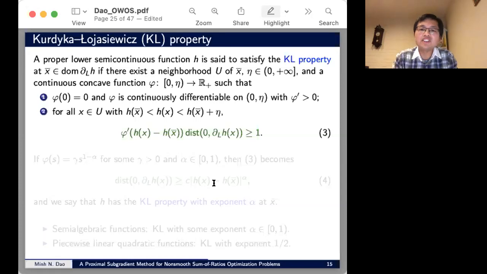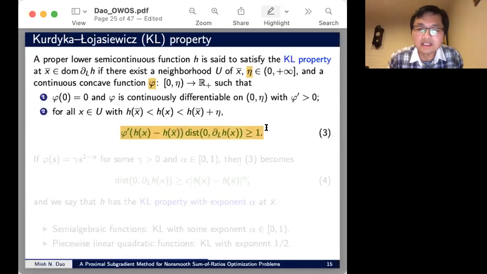A function h is said to satisfy the KL property if there is a neighborhood U of x bar, a constant eta, and a continuous concave function phi, such that this condition holds, and also this important inequality holds. It's called the KL inequality.